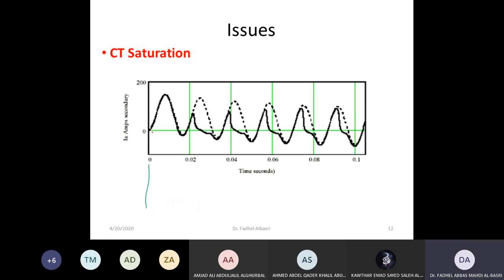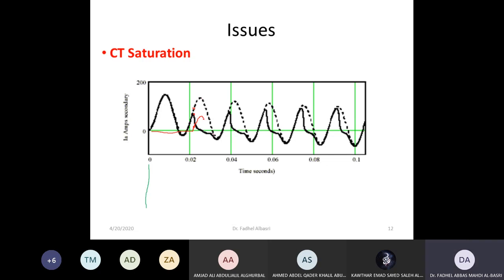you will see differential current here 0, 0, 0, because the dotted line and solid line are together. At this point, they will split. So if you take the difference between this value and this value, I'll have positive. So this will be maximum here.